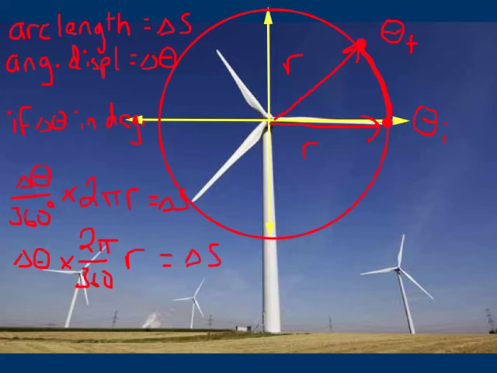Well, how about we skip that step and we just measure the angle in radians to begin with? So a key here is that we're going to be working in radians. So I made a little star, use radians.